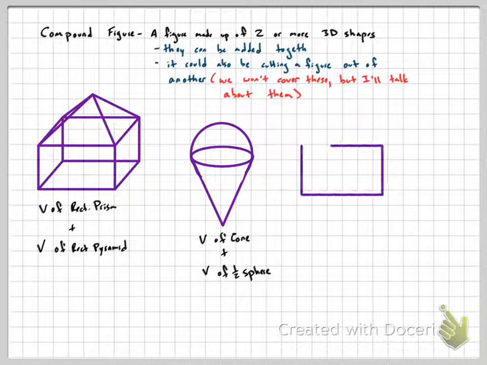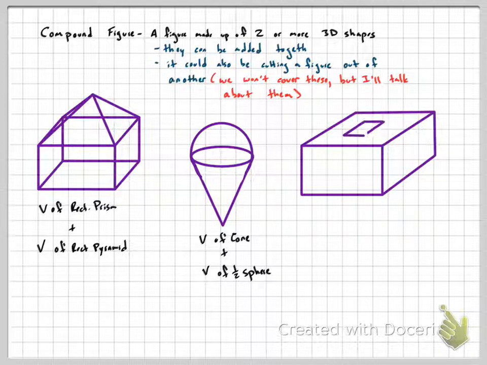Now, an example of something where it would be like cutting it out, right? So imagine we had this box or a block, and we just cut a rectangular piece of it straight out, right? So hopefully that three-dimensional diagram helps you see what I'm talking about. But imagine you had a piece of wood, right? And then you wanted to cut a rectangular block out of that piece of wood.